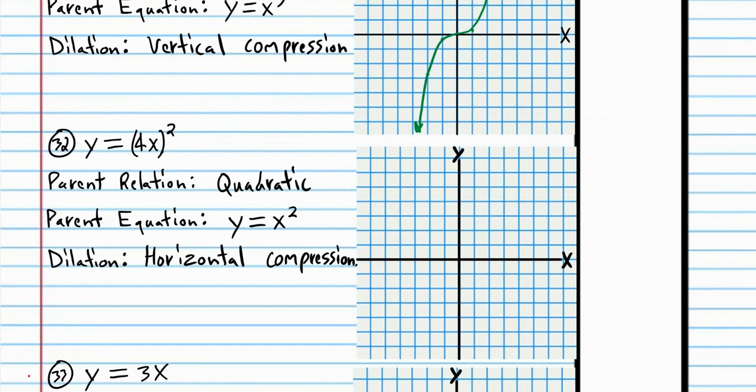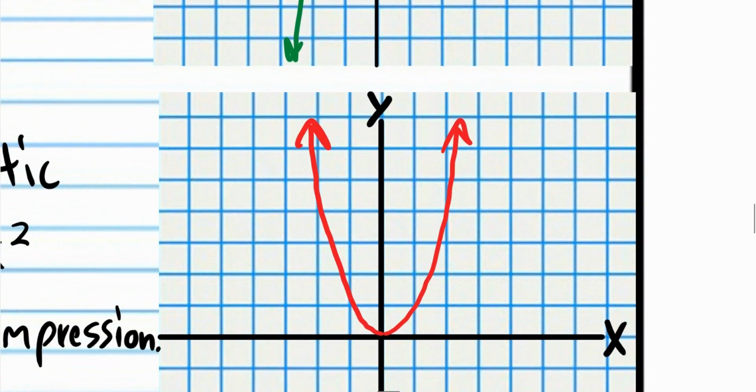So if we graph the parent graph, as we've done already in this class, it looks something like that. But because we're multiplying x by 4, we're going to take all the x values and do the exact opposite. We're going to divide all the x values by 4.